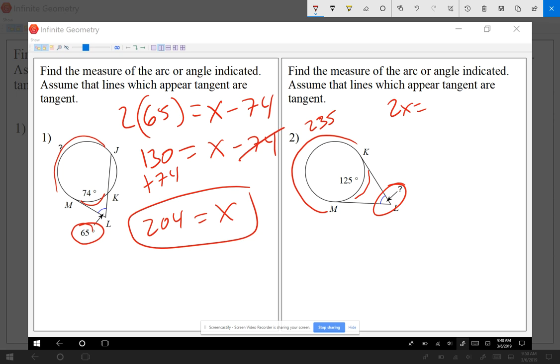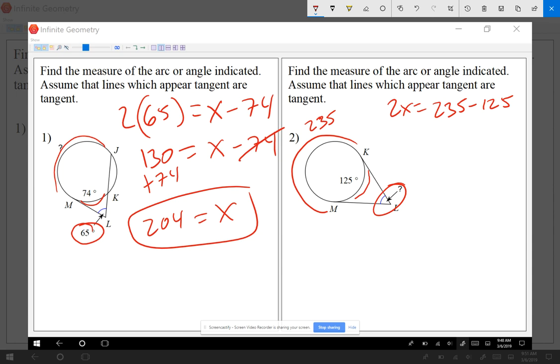360 minus 125. And the reason why I did 360 minus 125, because I know 360 is the circle. So I have a whole circle. Take away 125, and the remainder is the other arc. So now I know my two arcs, right? 235 and 125. So I have 2 times the angle, so 2 times x equals 235 minus 125.